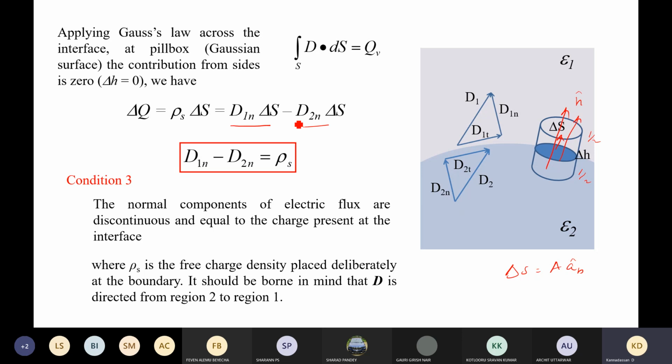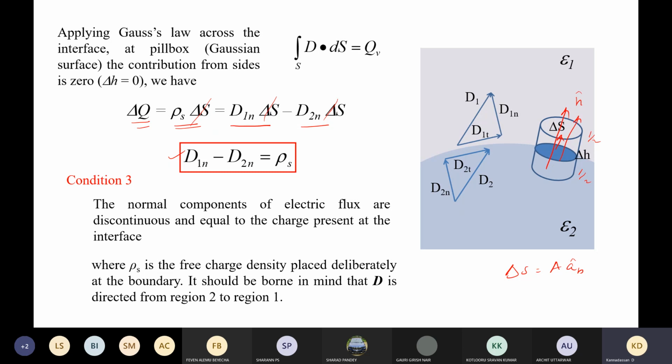Thereby we need a difference, and this difference is the difference between the charge densities, which is defined as rho s into del S. Since the material is linear over the space, we can take this out, del S simply we can cancel. We'll get this expression. So what this tells is that if there are two materials which are split by a surface, and the surface has some surface charge density, it is very much possible.